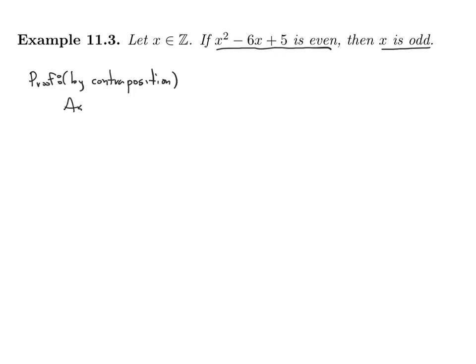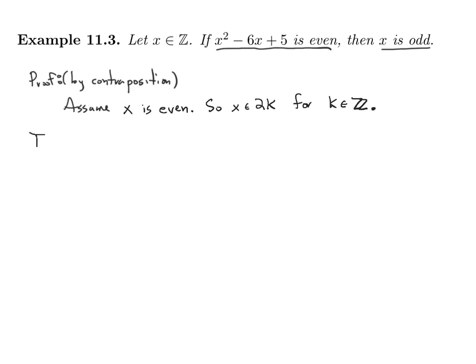So let's assume that x is not odd, so it's even, because we're in the integers here. So what does that mean? That means that x can be written as 2 times some other integer. And I introduced this integer k. Let me tell people that it is indeed an integer.